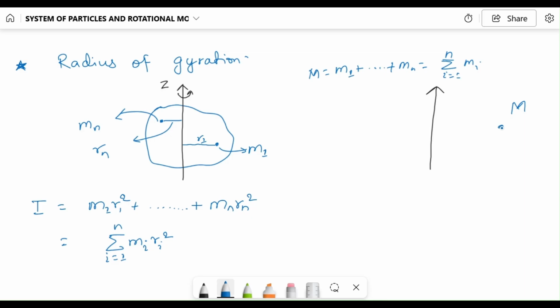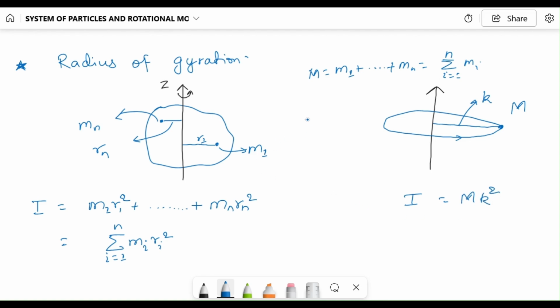If this particle is revolving around this axis, and the perpendicular distance is k, we can write the moment of inertia in this case as M k square.